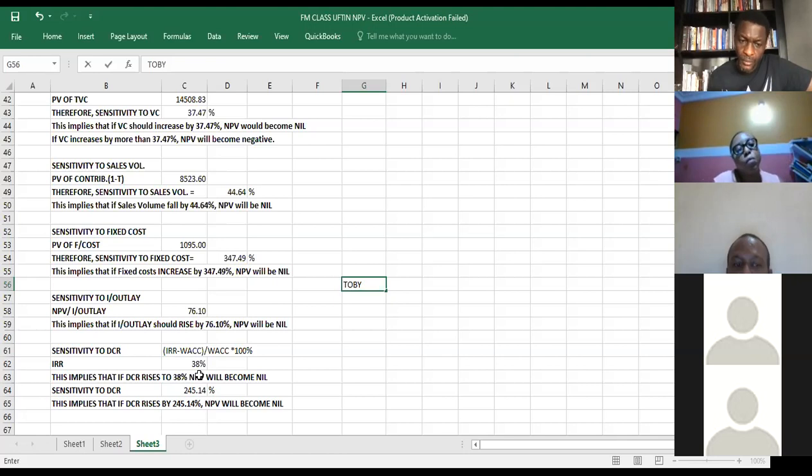What it will have to rise by is different from what it is rising to, 38%. So that's one of the issues with it. It can either be a rise to or a rise by. Do you get the point?